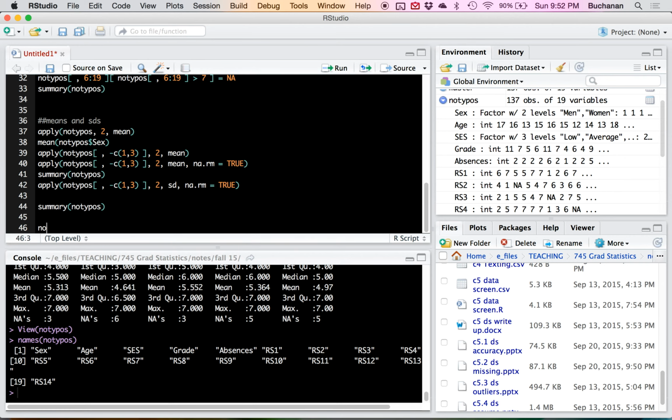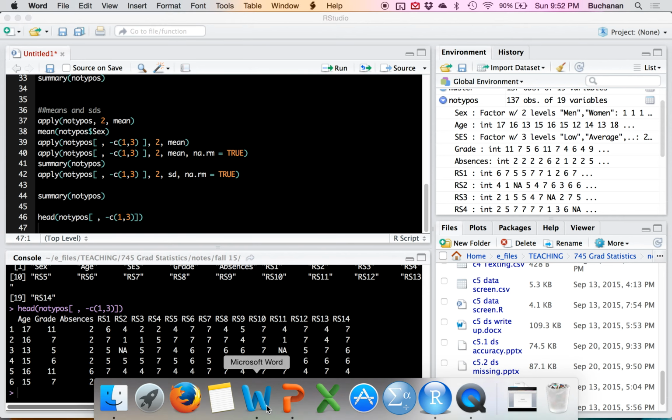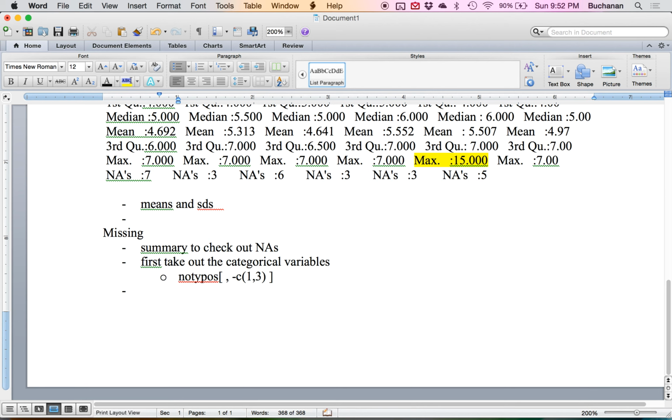So I'm going to make a no typos data set where I drop columns, so negative 1 and 3. Now let's just look at what that looks like. Okay. And so that drops out gender and socioeconomic status. That's the first thing that you got to do. So we've taken out those categorical variables.